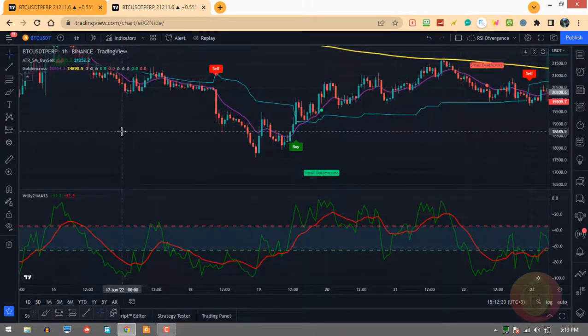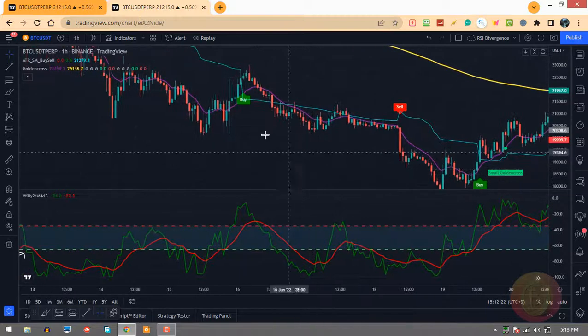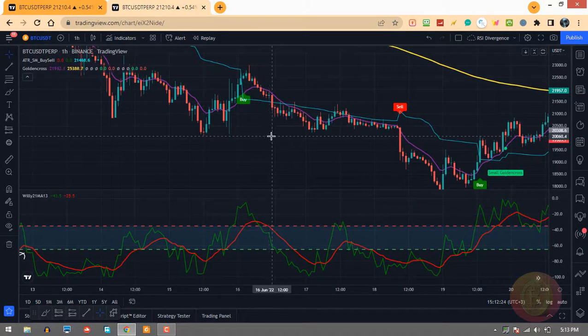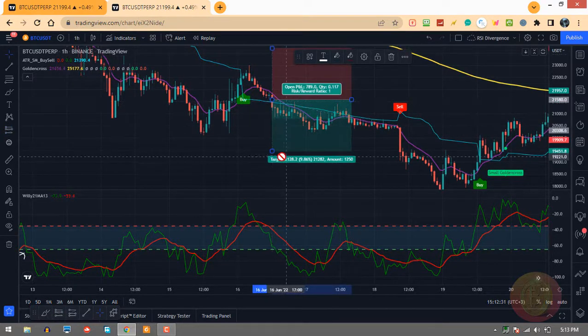So this is my understanding of this strategy. I fully explained all the scenarios with the recent dump in crypto Bitcoin, and how you can utilize them if you were present in that scenario.